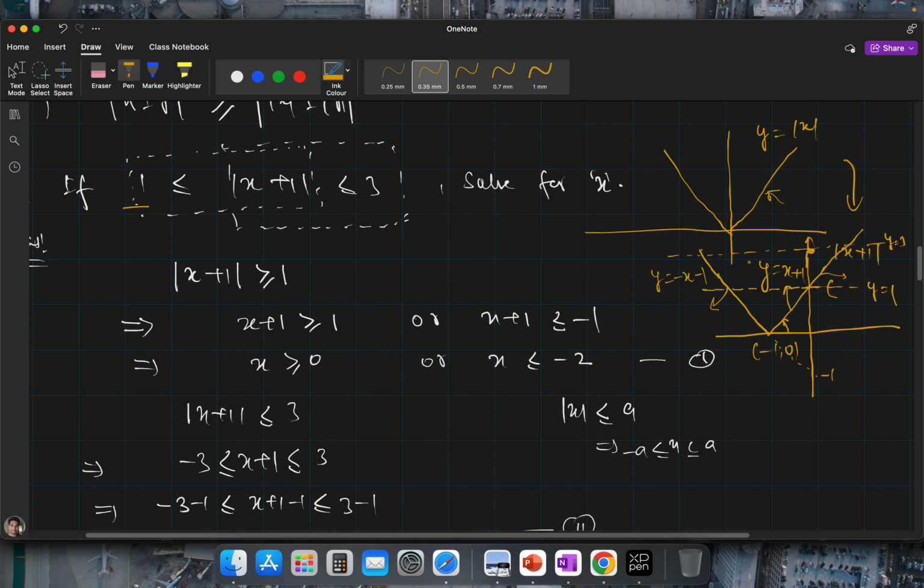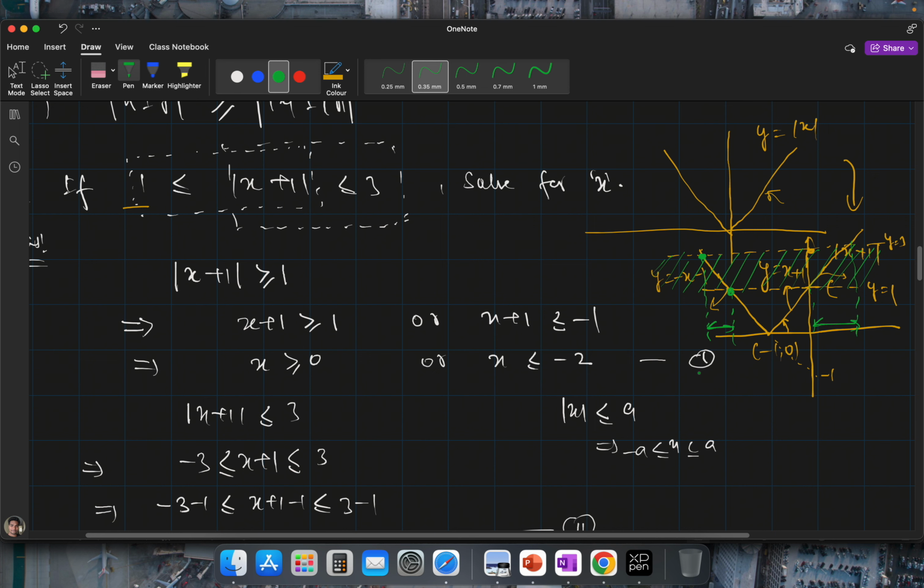You can see that this is the zone, where the graph of mod of x plus 1 lies in between y equal to 3 and y equal to 1. So the solution set will be this, and the solution set will be this.